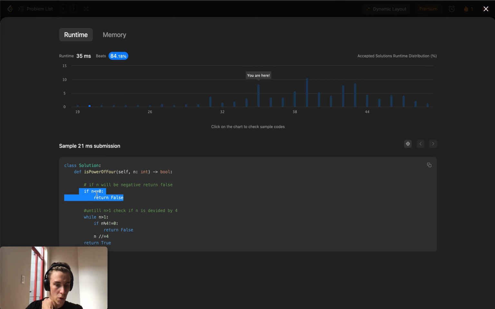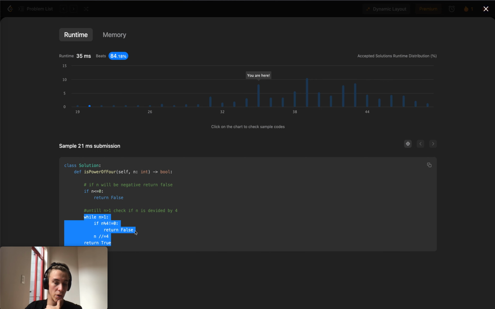If n is smaller than or equal to 0, return false, because this is true. This makes sense. While n is greater than 1, if n does not equal, oh, I guess that's another way to put it.